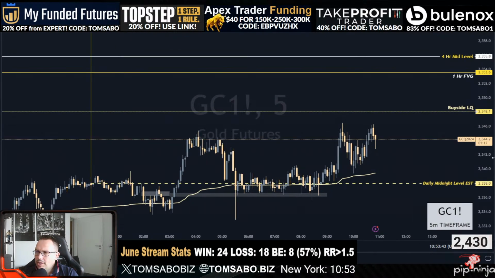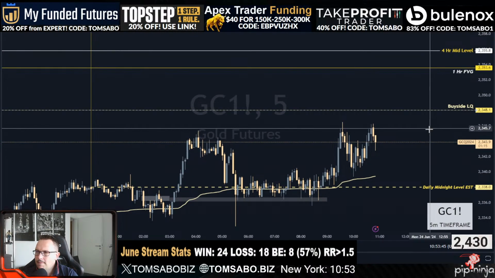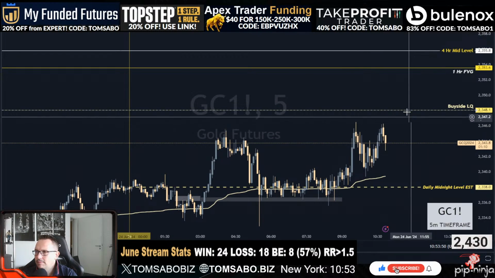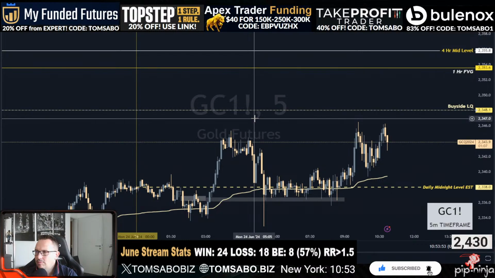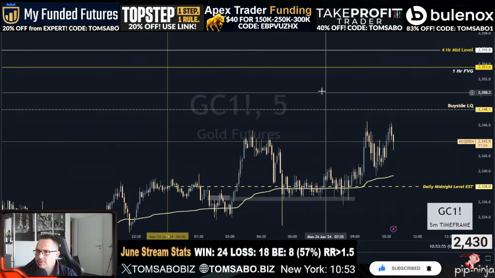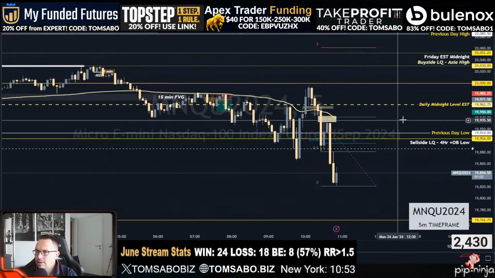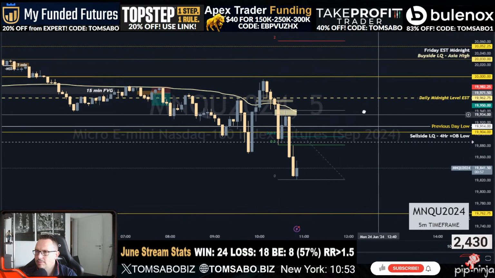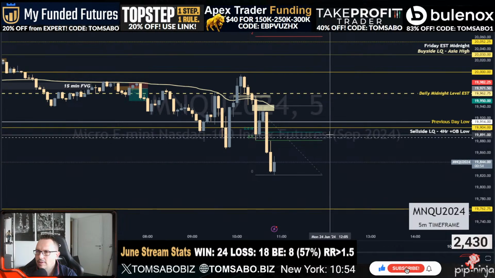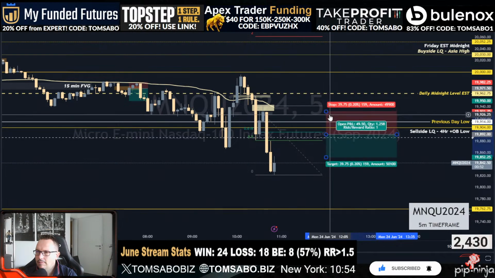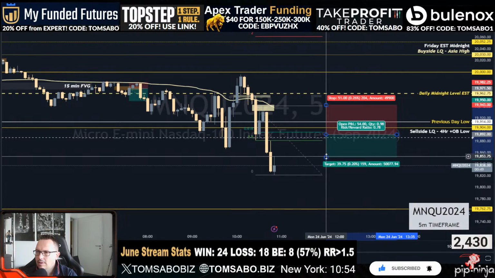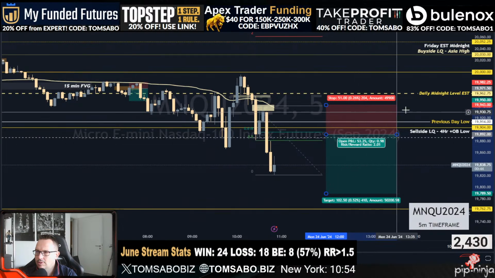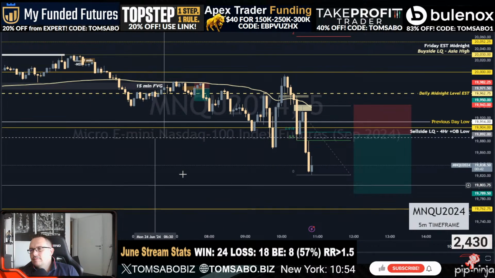Okay, gold is holding. I think it can still go up, can still go higher. It would be nice to see it take out those levels. And I'm waiting for a possible OTE entry here. That is all. Measuring some risk to reward. So I'm going to wait.